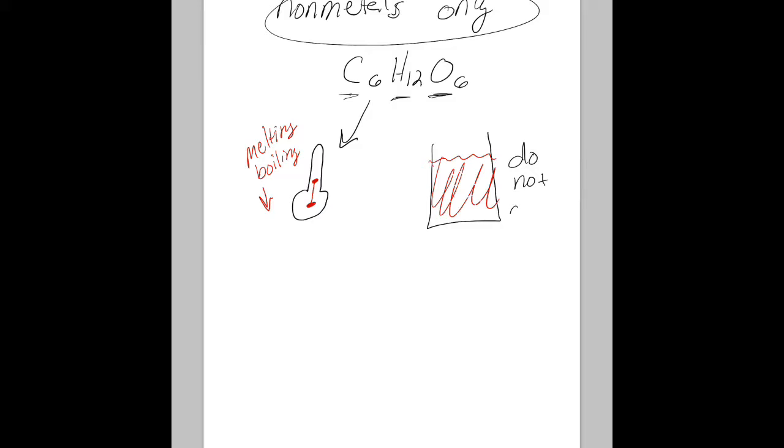We know that ionic compounds dissolve very well. Just think about salt and water. But covalent compounds do not tend to dissolve very well. That's why if you leave your lemonade or your Kool-Aid sitting out for too long, you need to take your spoon and stir it back up to re-dissolve that sugar. So covalent compounds do not dissolve very well.